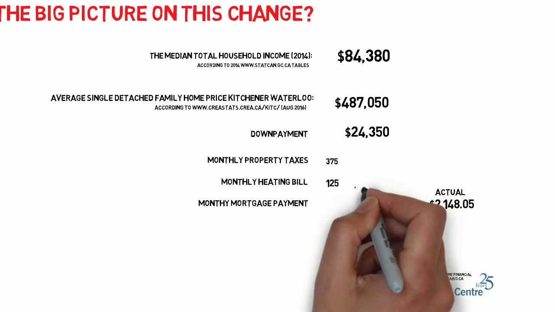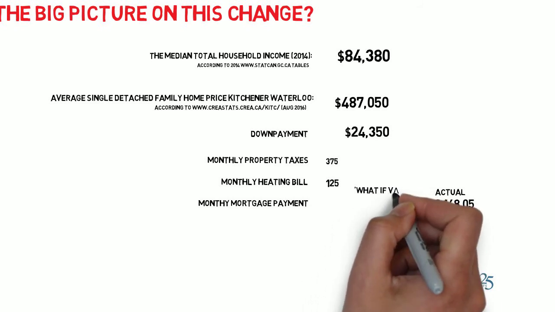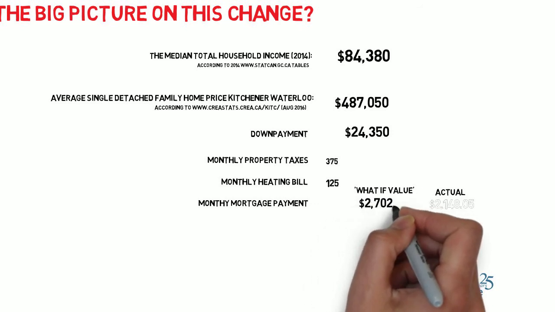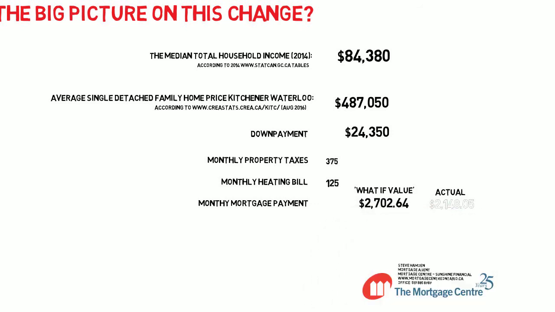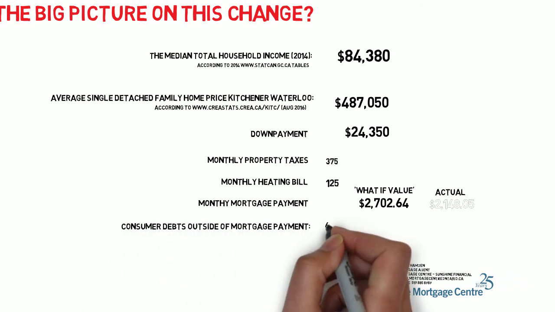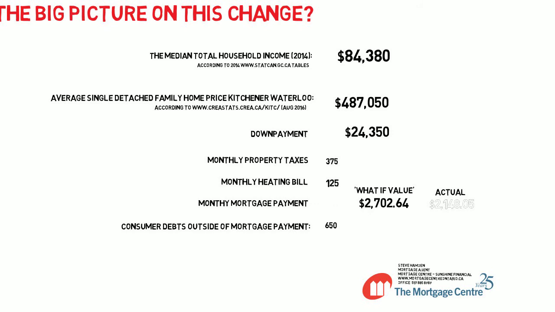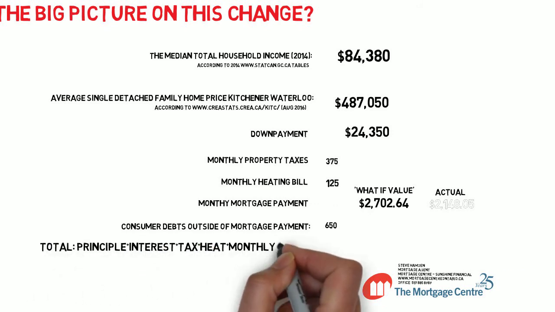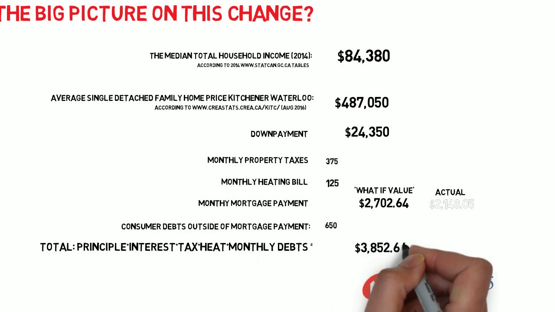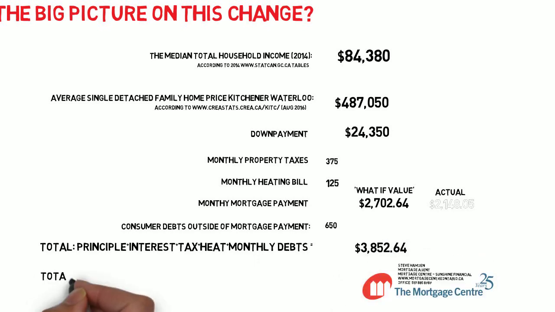So that's using our actual, but under the new guidelines we have to use our what-if. In other words, we're going to use the Canada Post rate of 4.64, and we come up with a what-if value of $2702.66. Then we need to add our consumer debts, which is that $650 a month, which is the average, to come up with a total principal, interest, tax, heating, and monthly debt payments of $3852.64.